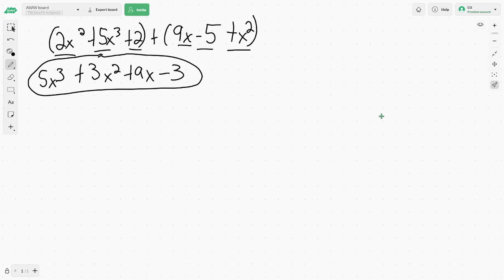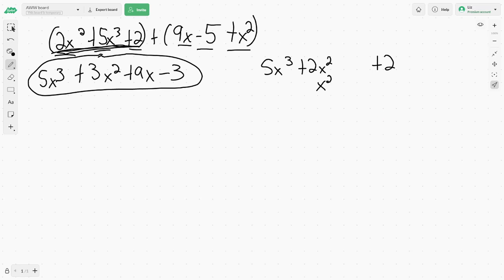But for some of us, it's not so easy to pair it up. So what I would do is put this in standard form over here. So 5x cubed plus 2x squared. Leave a space for x's. And then add a 2. All I did was rearrange this polynomial, putting it in standard form, but leaving a space because we don't have any just x's. And then I'm going to line these up here.